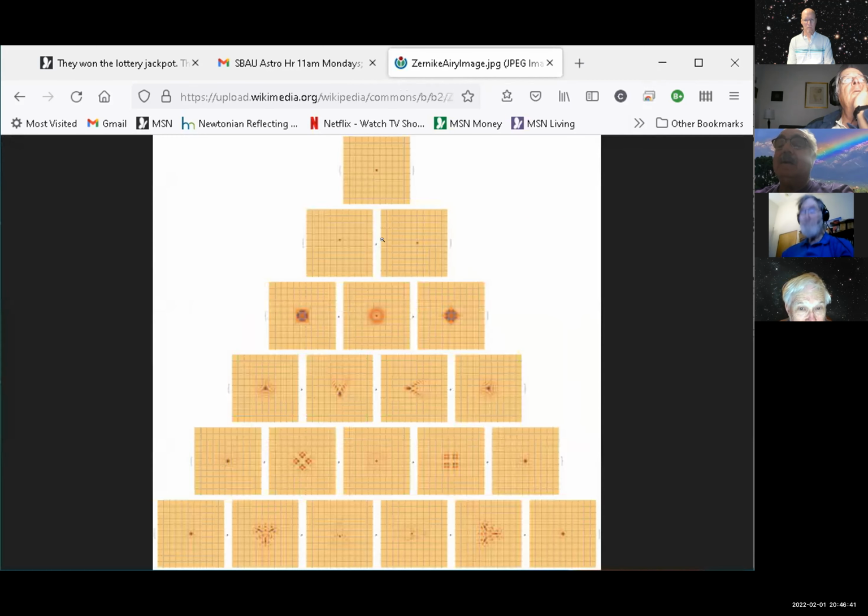These are tilt. These two look like coma. I was going to say coma. These two are trefoil. This is the second order spherical aberration.